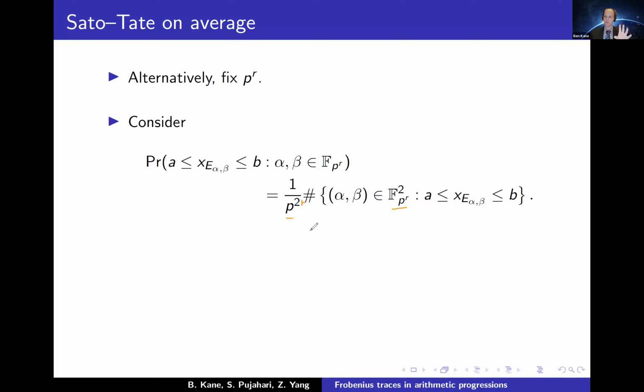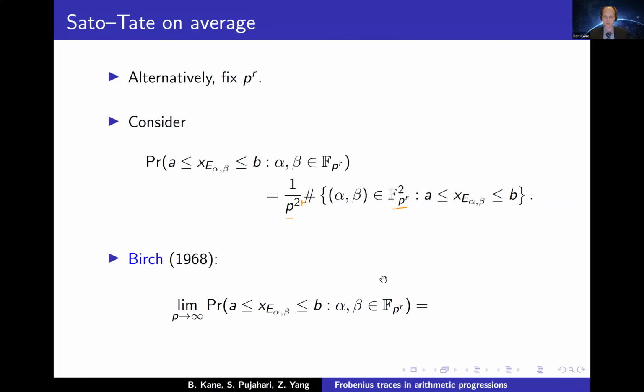So we're looking at the same objects because we're looking at the finite field. Those are the reductions of an elliptic curve over the rationals, but we haven't discussed a particular fixed curve. Well, as p goes to infinity, this probability converges to the same Sato-Tate measure.